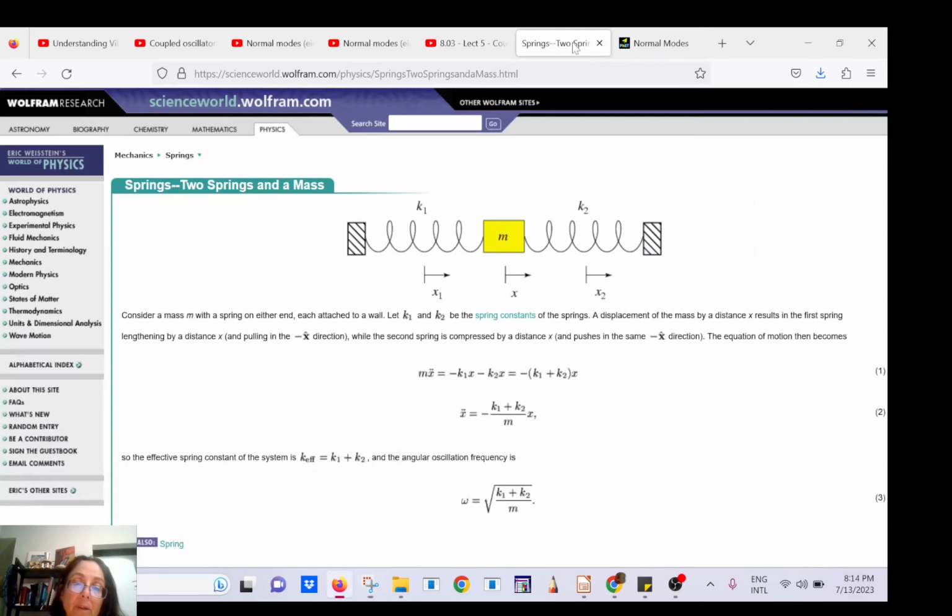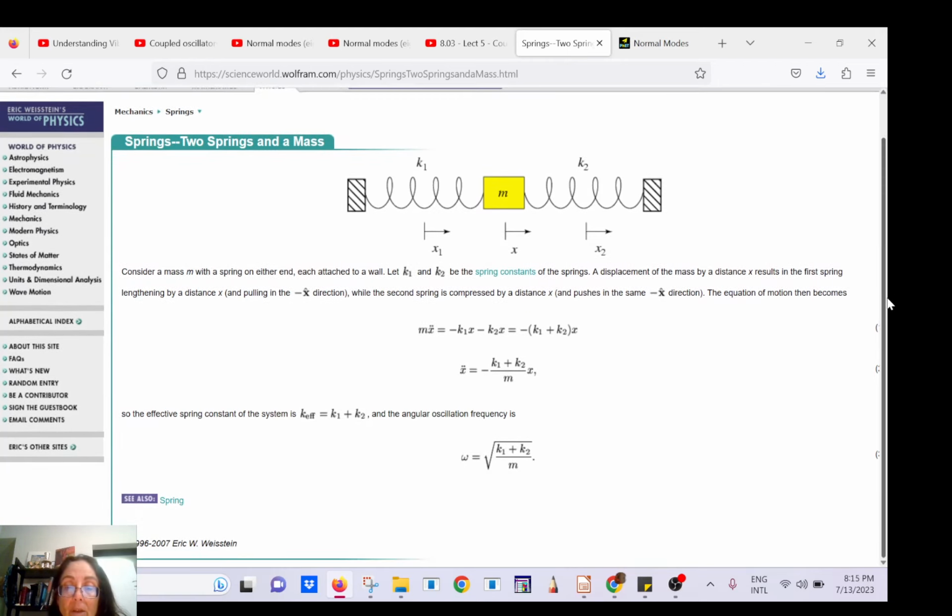By the way, I have found the website here. It's part of Wolfram Alpha, and you have the math here, so you can look it up. And that's what we found, right? If K1 equals K2, then you're going to have 2K. So 2K means the square root of 2 times omega 0.